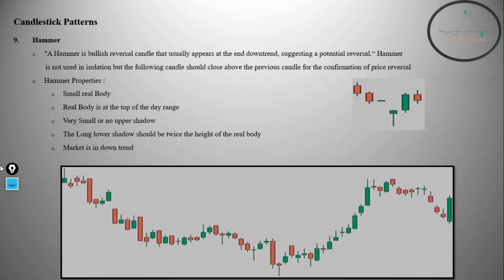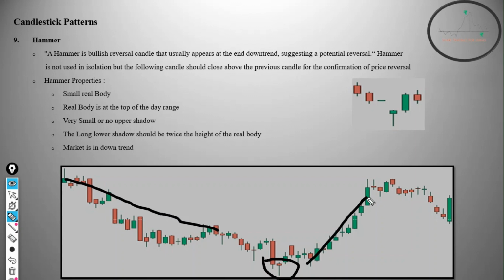See, there is a downtrend, and then there is a hammer, and then there is an uptrend. You can say that this is also a hammer, but again the confirmation was not there.